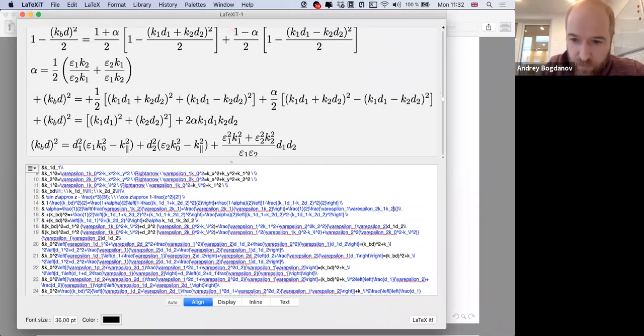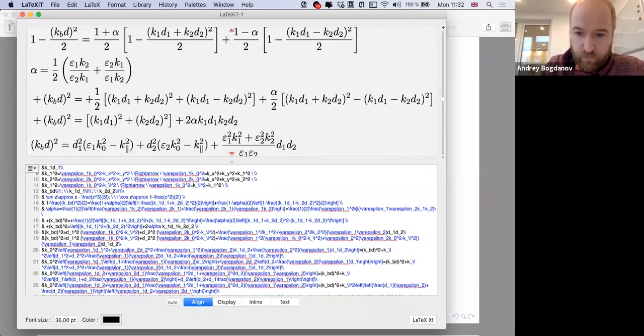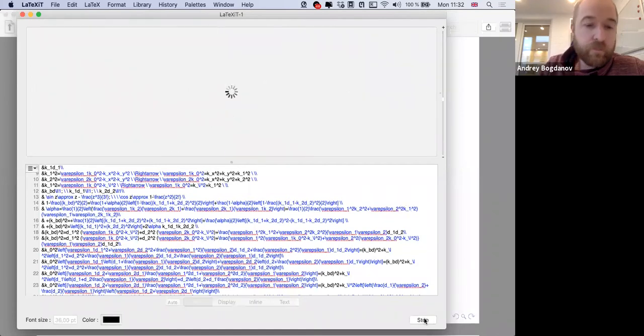But in the numerator, I'll have epsilon 1, epsilon 2, yeah. No, epsilon 1 square and k2 square.